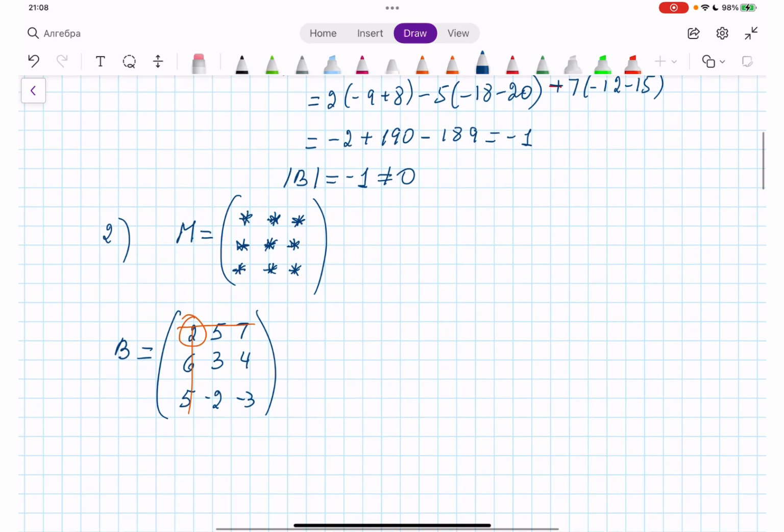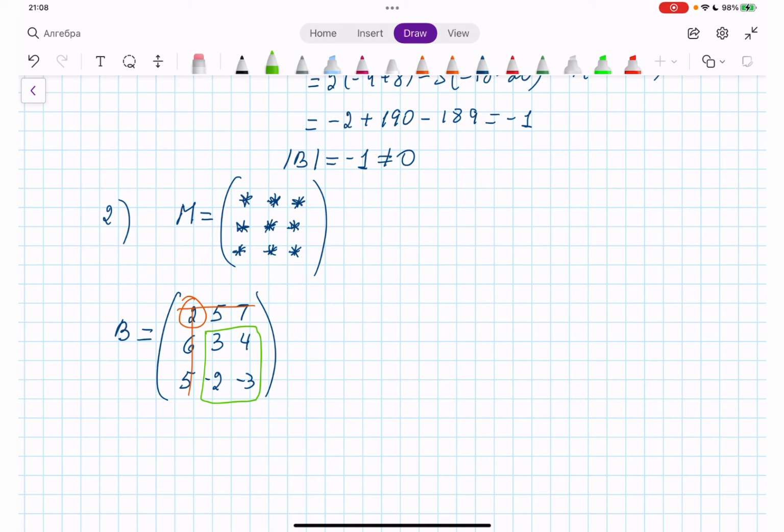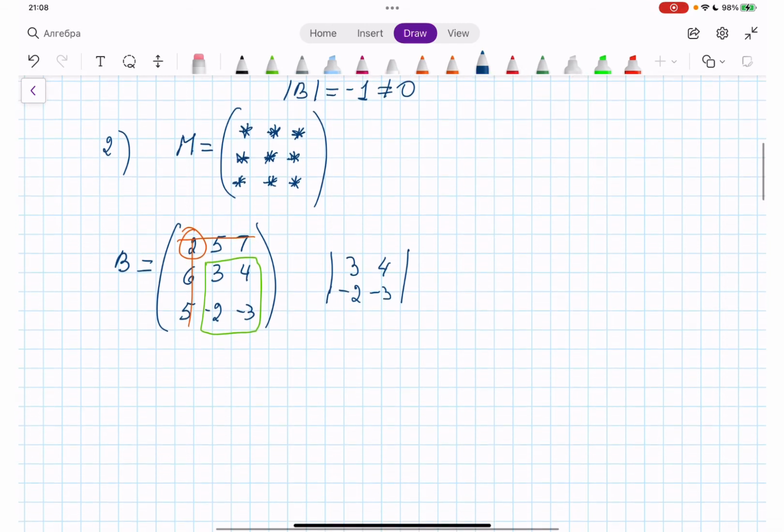And this gives us 3, 4, negative 2, negative 3, a 2 by 2 determinant.